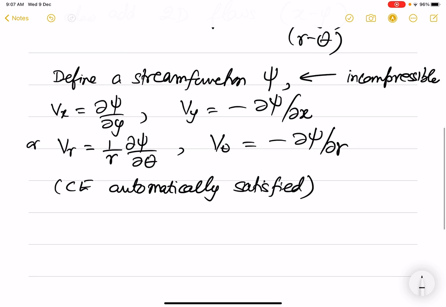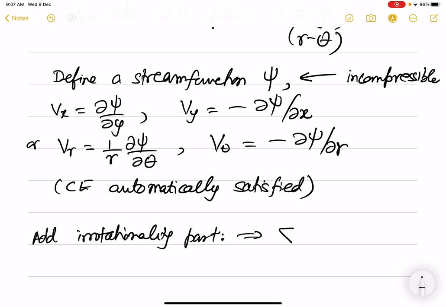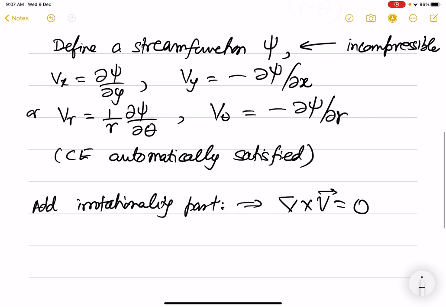Now to this, we add the irrotationality part, which implies that del cross V must be 0. So now, when I look at del cross V, then I have partial Vy by partial x minus partial Vx by partial y must be 0.